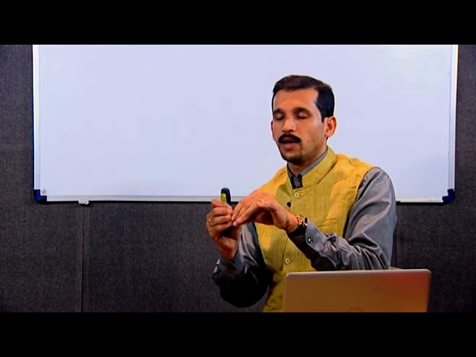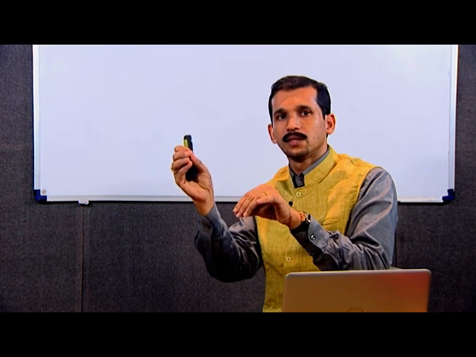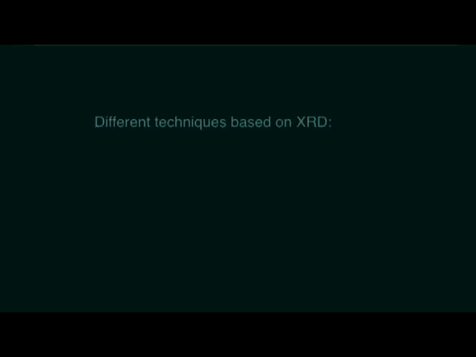Now, X-ray diffraction. You know that there is the X-ray, and the X-ray is getting diffracted from the crystal. Based on that itself, I can list 5 different techniques in which we use the basic technique of XRD and try to derive different kinds of information. For example, let me list it.